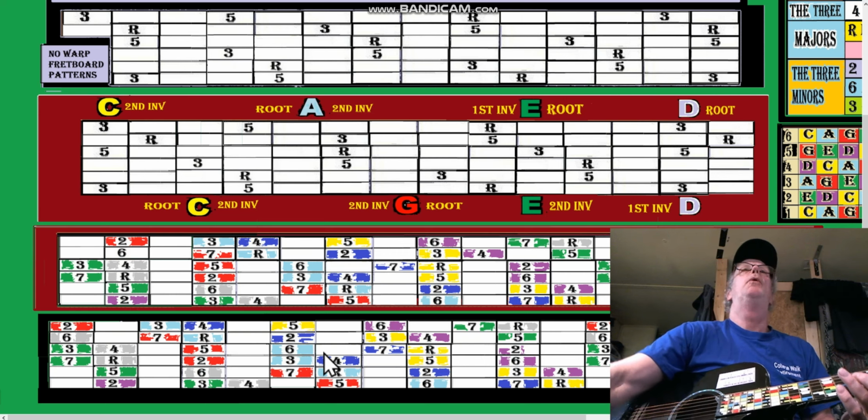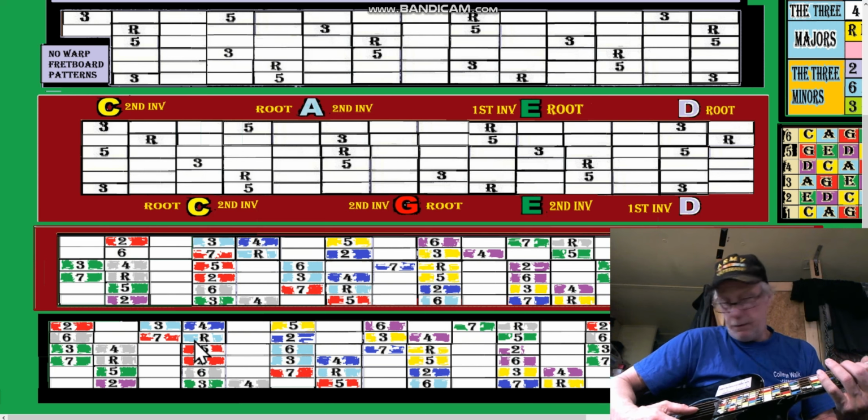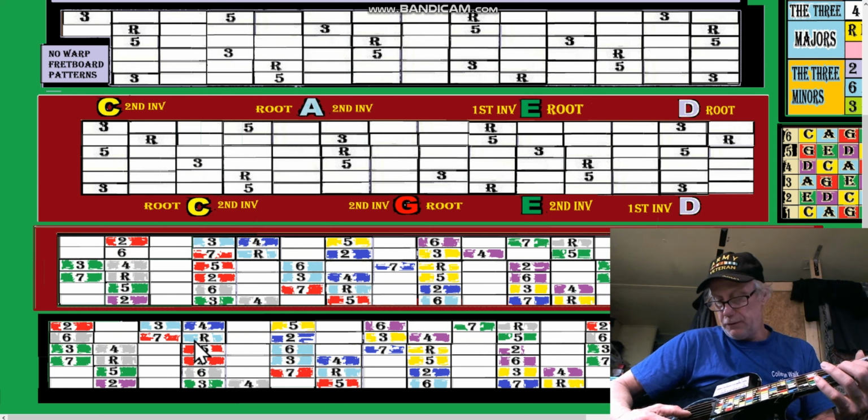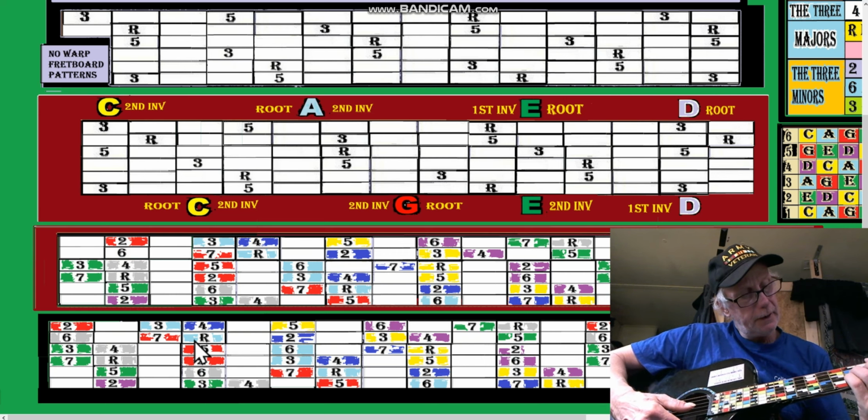Okay, and what we're going to be working with is, where is that minor third chord? It's the 3, the 6 to the root. 3, 6 to the root. So here is our A minor chord.